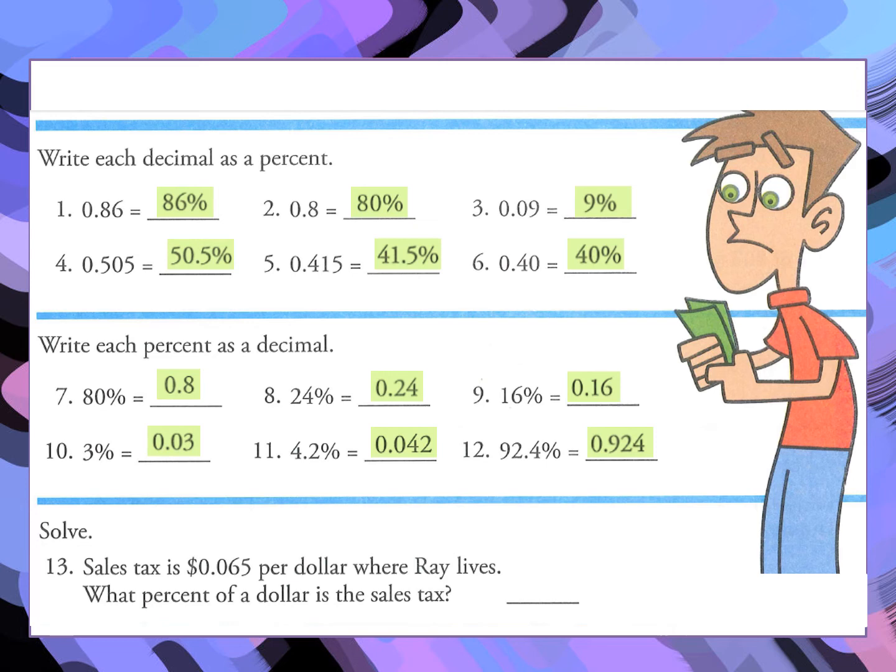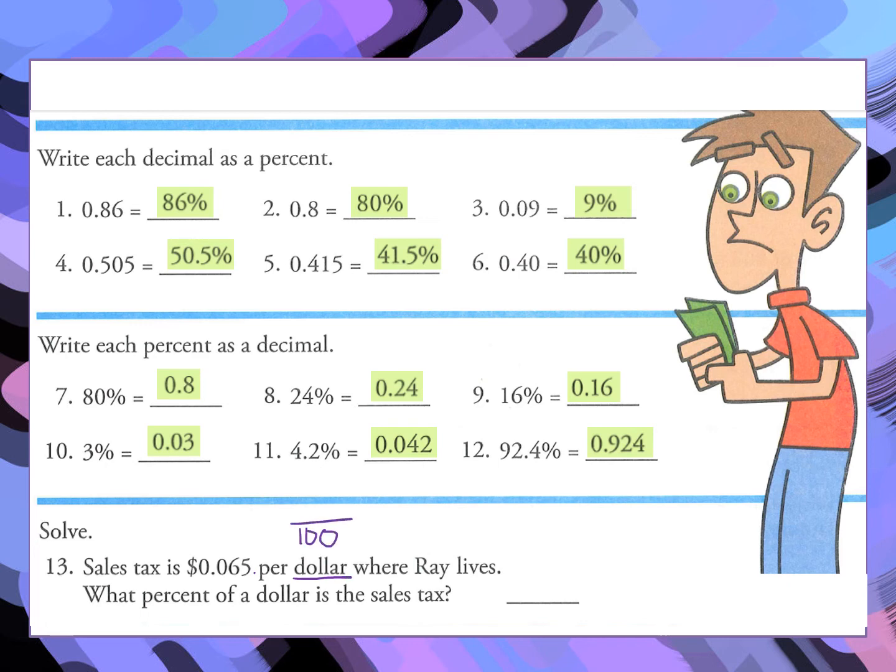Solve. Sales tax is 65 thousandths of a dollar where Ray lives. What percent of a dollar is the sales tax? Pause the video, answer the question, unpause the video to check your answer. A dollar is 100 cents.